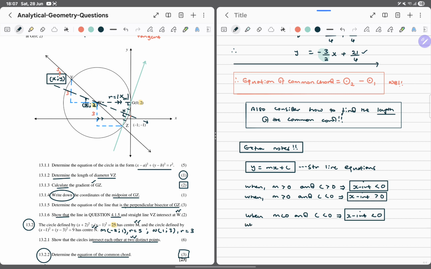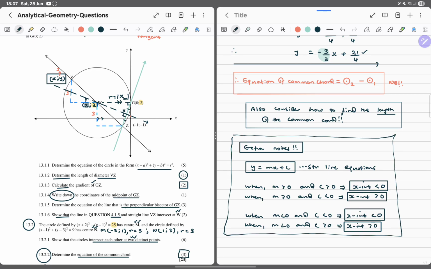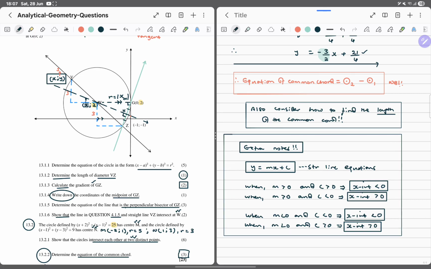Likewise, when the gradient is less than 0 and the y-intercept is greater than 0, it implies that the x-intercept will also be greater than 0. Now, these are things to note, students. They are not clearly stated in textbooks or study guides. But in NBT-related questions, the fruits I have just given to you may prove very useful.